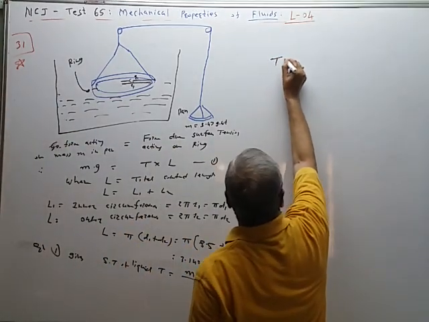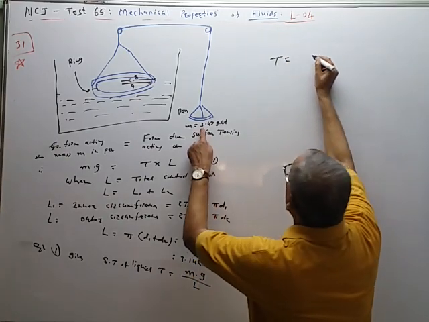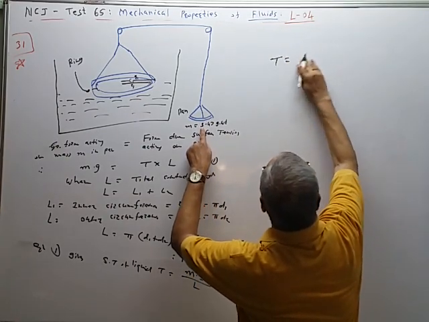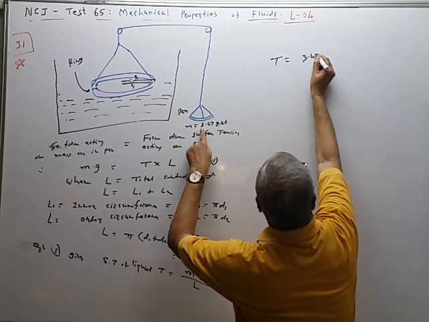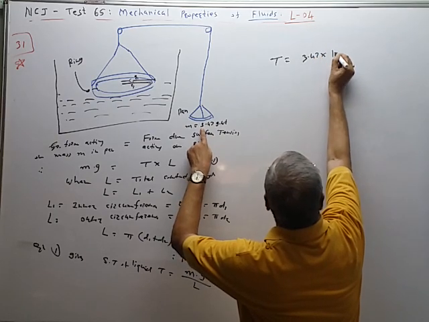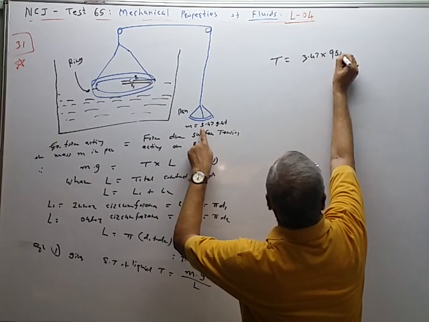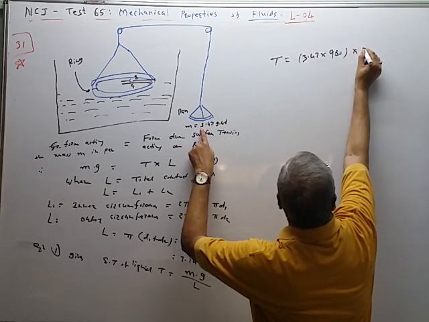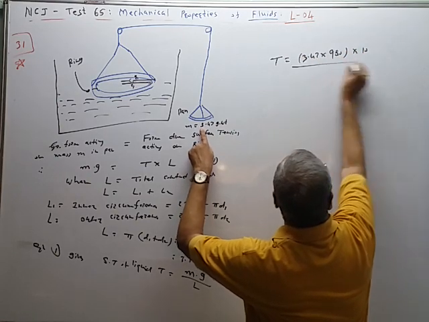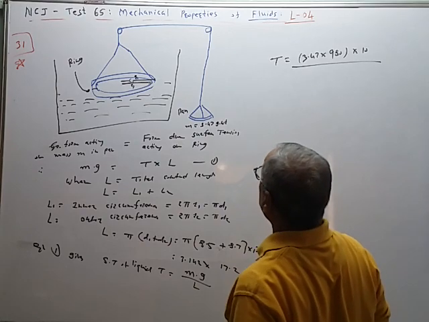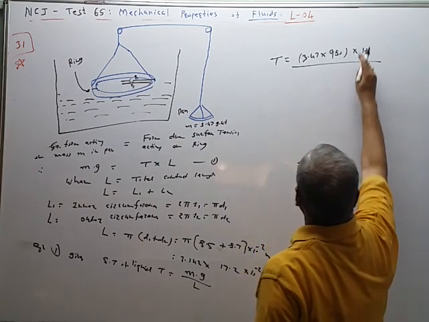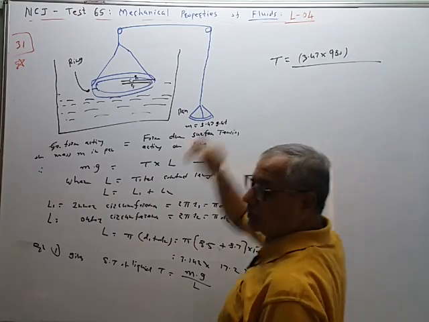The surface tension T is equal to m is equal to 3.47 multiplied by 980. g is equal to 980.